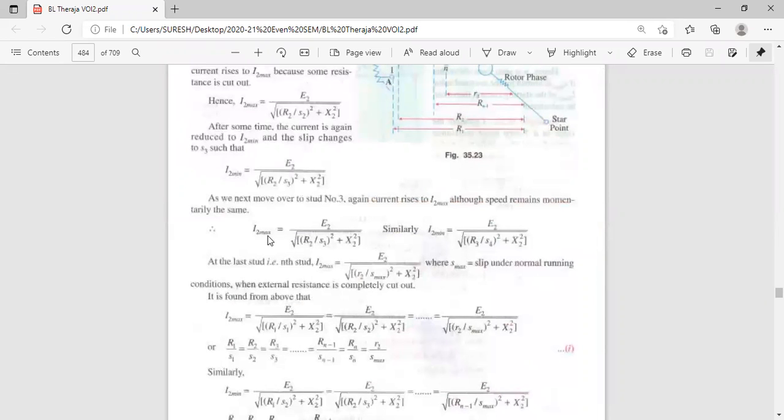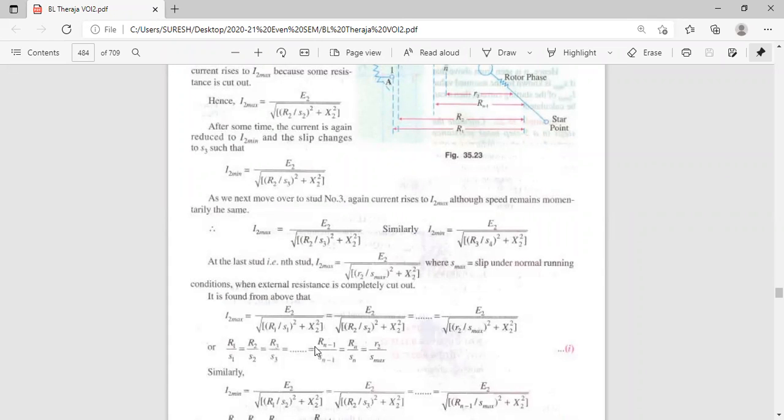I am equating all I2 max equations. We will get R1 by S1, R2 by S2, R3 by S3.